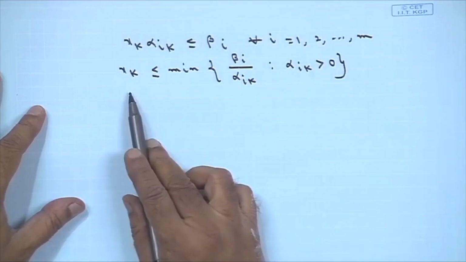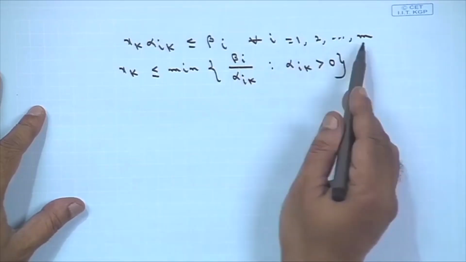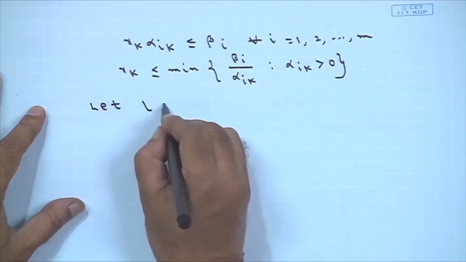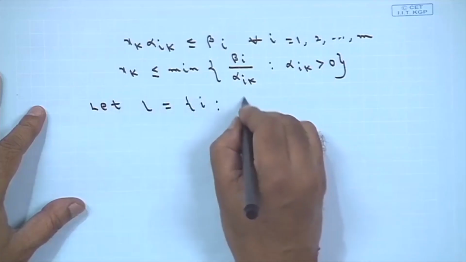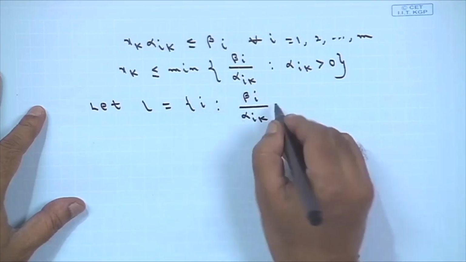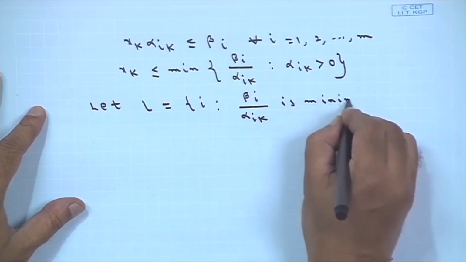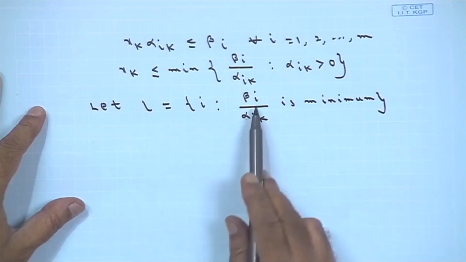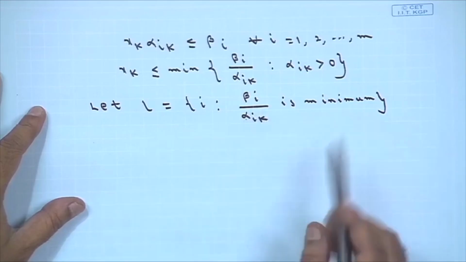So, x_k now we are saying it should be minimum of any one of this, where i varies from 1 to m. Let L equal i such that beta_i by alpha_ik is minimum.